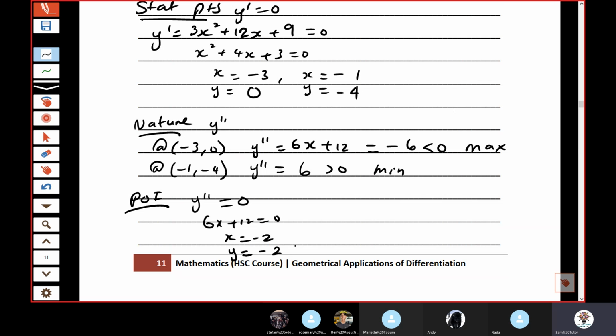This is where I've always had one student every year, unfortunately, lose a mark. Even if the question asks you to find points of inflection, don't stop at just finding point of inflection. You must prove it's a point of inflection. Just remember that.